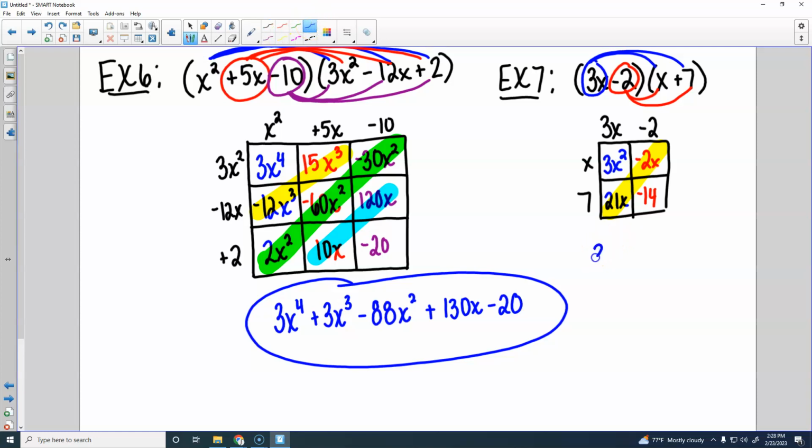So you would have 3x squared plus 19x minus 14. So if you like using the box, you're welcome to use it. Okay, questions?